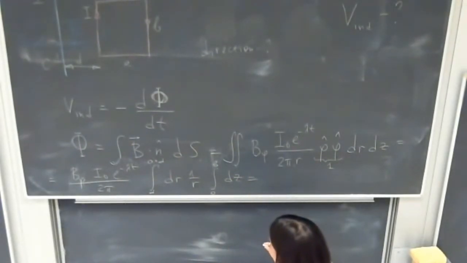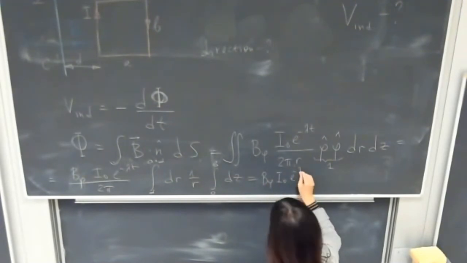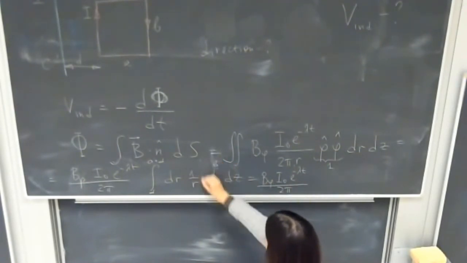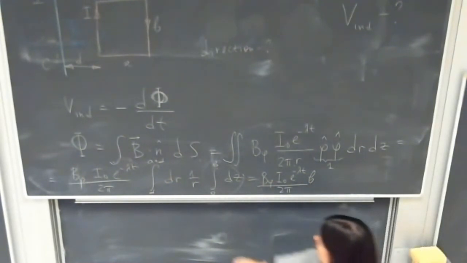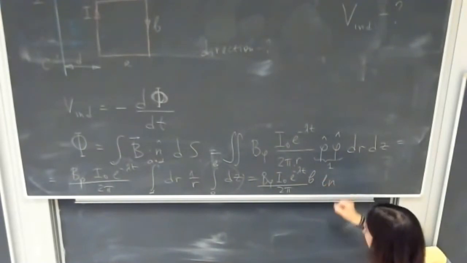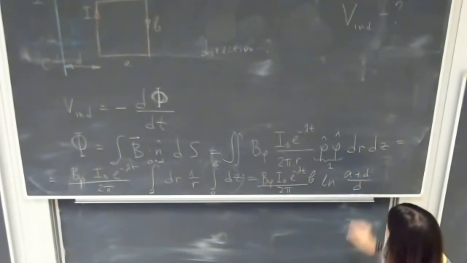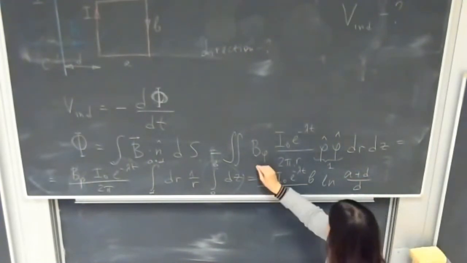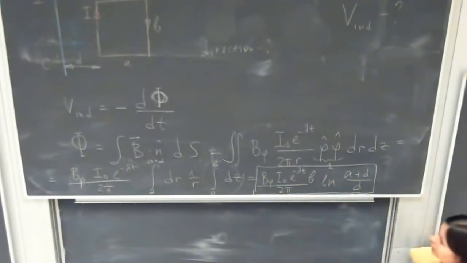And then we will have here Z, then it will be b, and here we will have the natural logarithm of r, so it will be the natural logarithm of (a plus d) divided by d. That's the flux, the magnitude of the magnetic flux through the circuit.